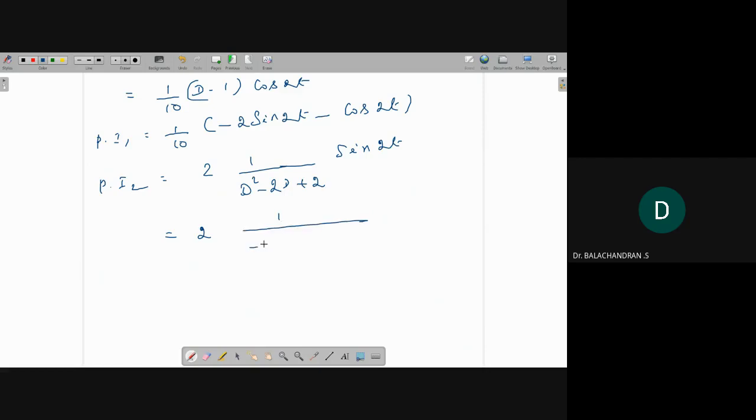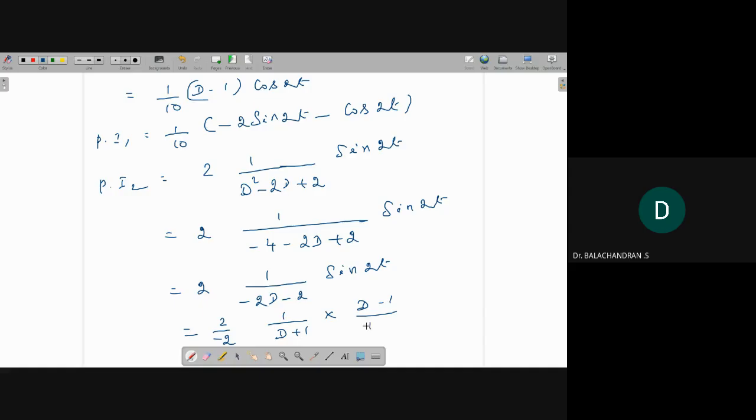Minus 2 square, which is minus 4, minus 2D plus 2, sin 2t. 2 into 1 by minus 2D minus 2, into sin 2t. If you take minus 2 commonly, 1 by (D plus 1), multiply and divide by D minus 1, into sin 2t.